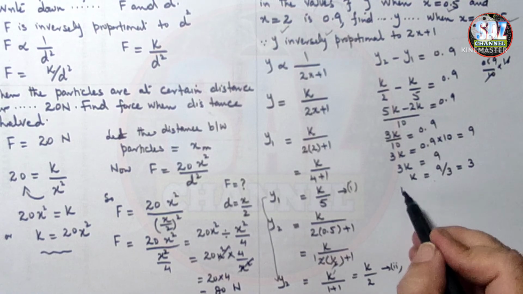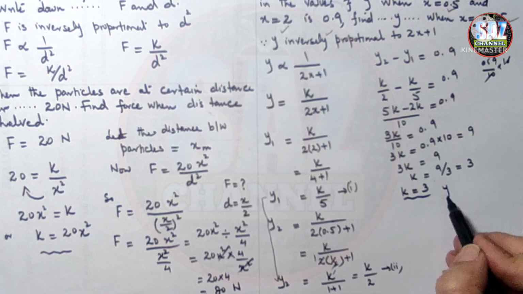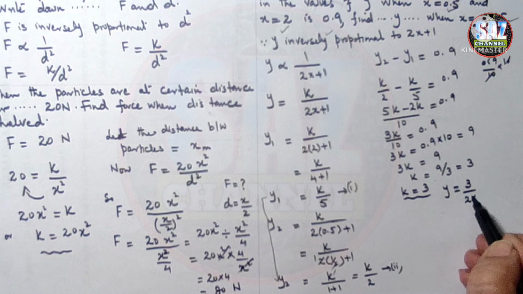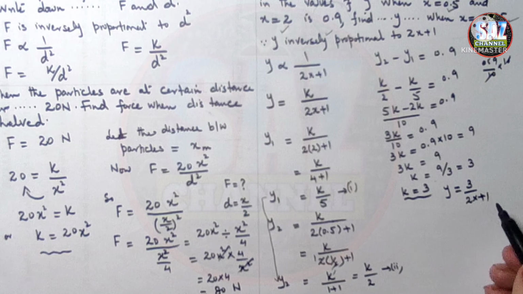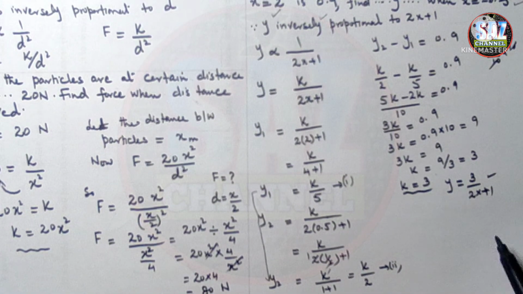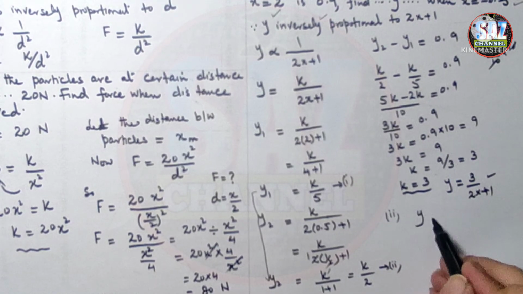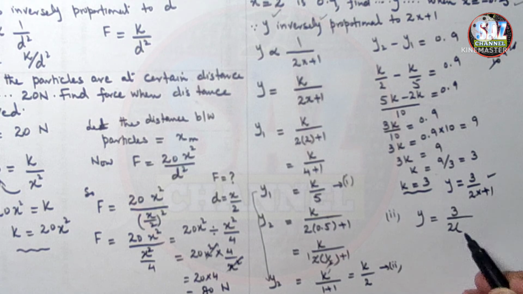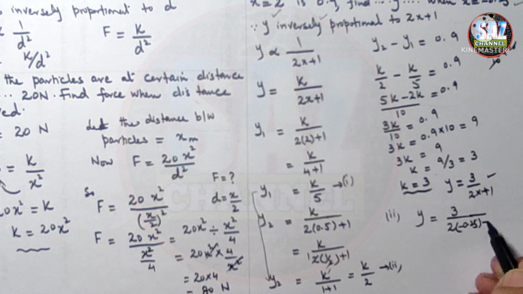So k, the constant of variation, is 3, and the equation connecting will become y equals 3 over 2x plus 1. I hope you are clear how we are finding the value of k, and the second part is that we have to find y when x is minus 0.25. Again, y equals 3 over, instead of x I am going to replace minus 0.25, plus 1.